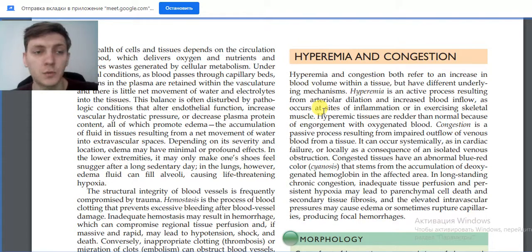You remember in the previous set of classes on necrosis, we discussed hypertrophy and hyperplasia, and that hypertrophy and hyperplasia require building blocks and energy, and this energy and these building blocks are gained by blood.